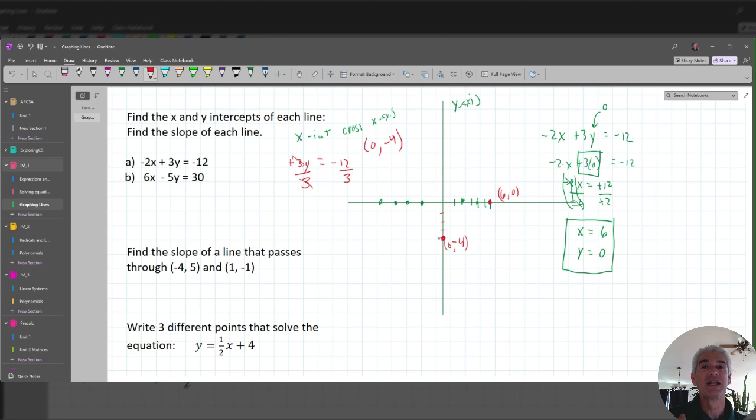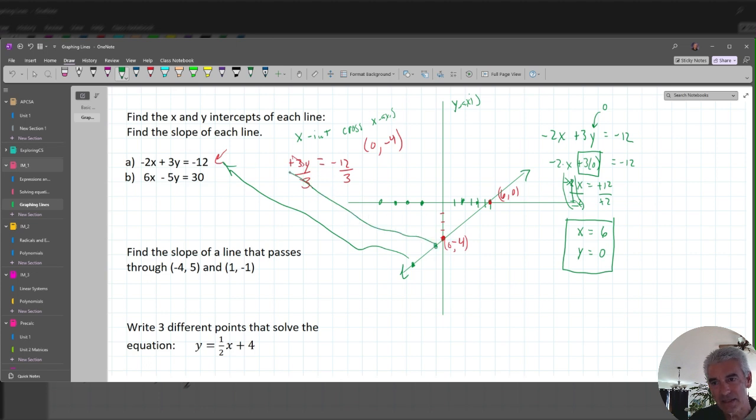So now my line. There's a couple of reasons why I know this is a line, but you look at the exponents usually as the first thing. But this line passes through 0, negative 4, and also passes through 6, 0. So this is the graph of all of the points. If I plug in this point, it makes the equation true.